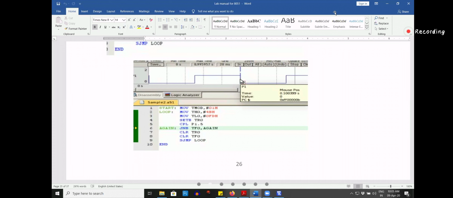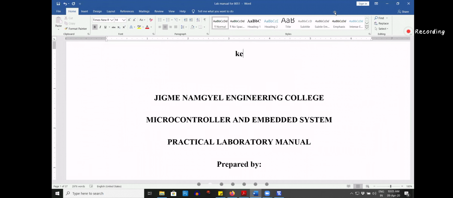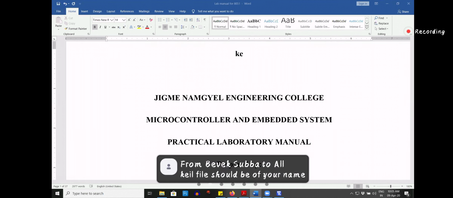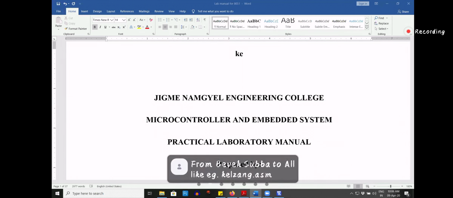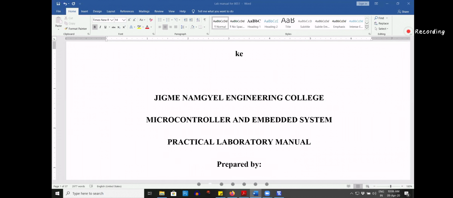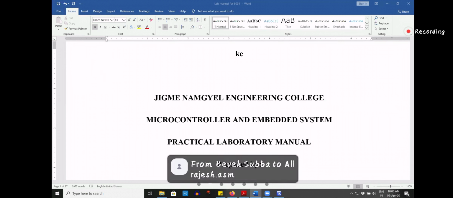The file should be of your name, for example Rajesh.asm.